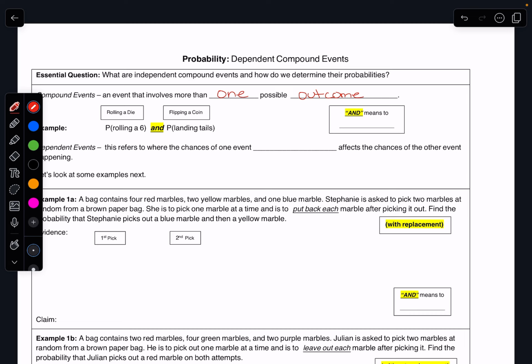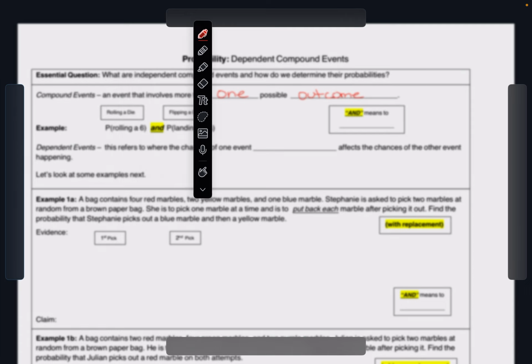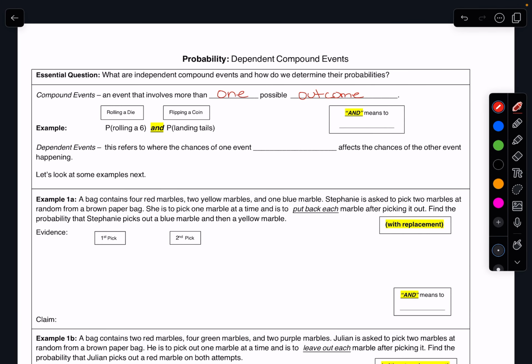So again, for example, when rolling a die and flipping a coin, you can see what the probability is of landing on a 6 and flipping a coin and the probability of landing on tails. Important thing to remember, when we see that word "and," we're going to multiply.